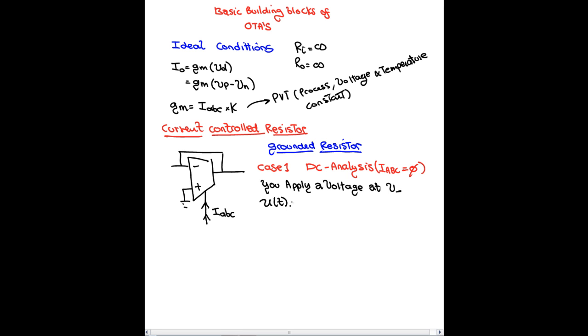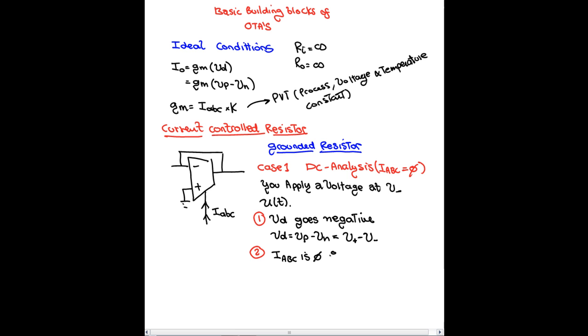So what you got is, once you do that, VD goes negative. Recall that VD is just equal to V positive minus V negative. Second, IABC is 0, because we said it before.